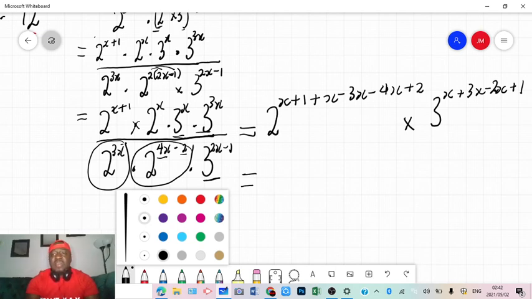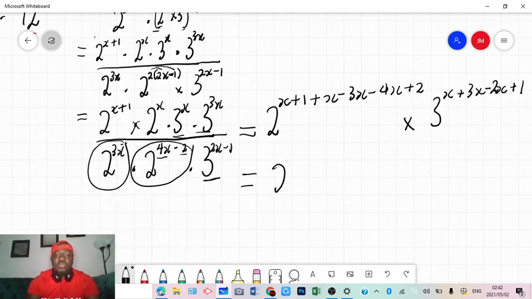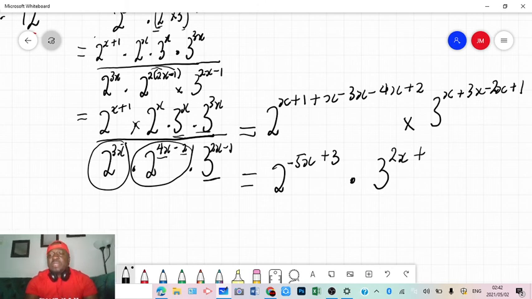And I will end up having negative 2 to the power negative 5x. 1 and 2 will give me plus 3. So the base 2 simplifies to this at this moment, times, let's check your 3, x plus x will be 4x, minus 2x will give me 2x plus 1.